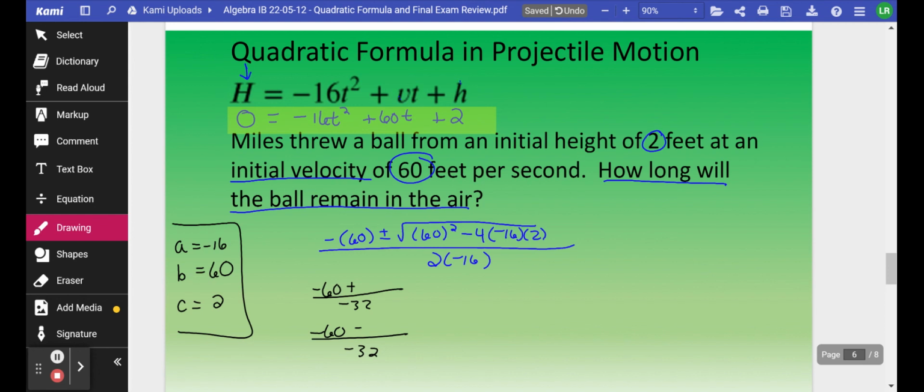60 squared minus 4 times negative 16 times 2. And I'm getting 3,728. And I still need to square root that. So square root of that, I'm getting 61.057. 5 or more, raise the score, so it's 61.06.